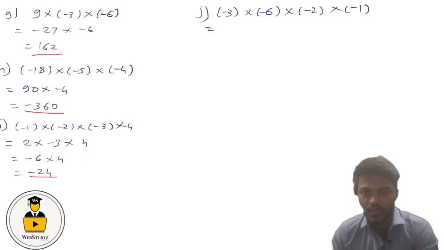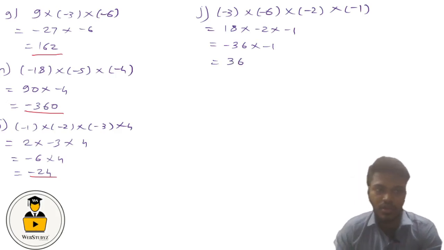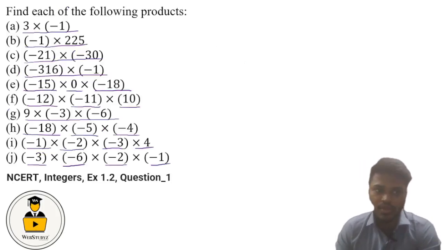If we find out the product of the first two integers, since both are negative, the product will be positive. So it will be 18. 3 into 6 is 18. 18 into minus 2 into minus 1. Now 18 into minus 2 will be minus of 36 into minus 1. Minus 36 into minus 1 will give us 36. So the product of the given integers comes out to be positive 36.